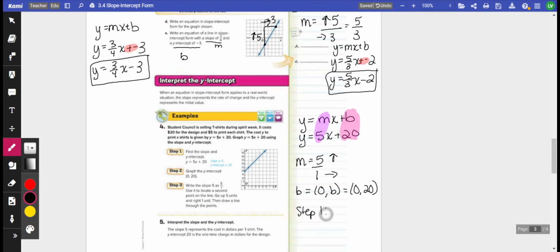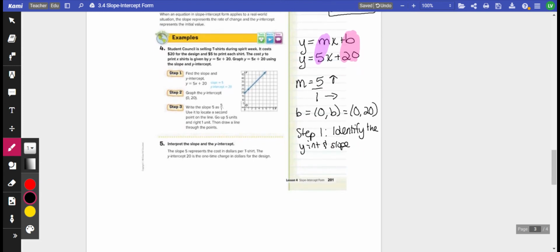So step 1, identify the y-intercept and slope. Step 2, plot the y-intercept.